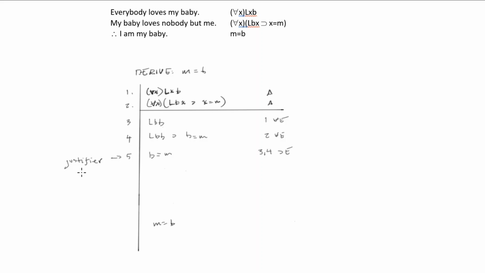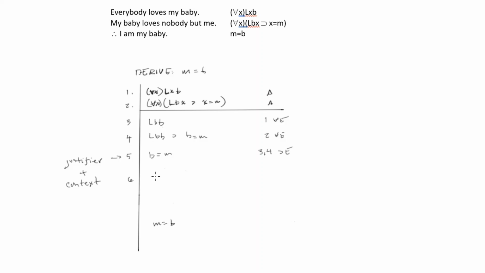So not only is line 5 a justifier, it is also a context for substitution. On line 6, what we can do is take one of these names out of line 5 and substitute the other name by appealing to line 5 as the justifier.